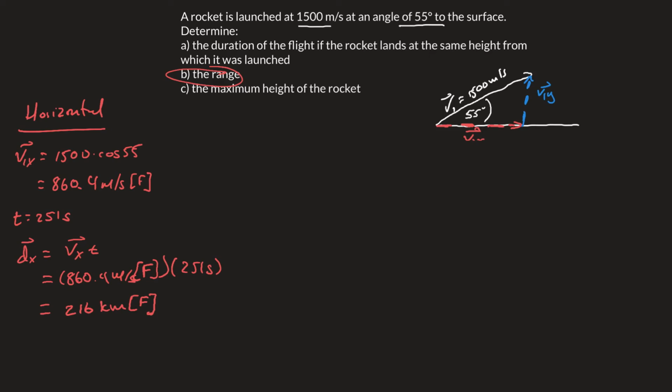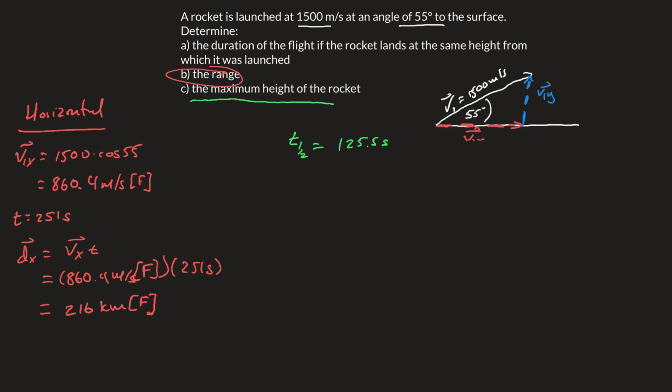Lastly, part C asks the maximum height of the rocket. So the maximum height of the rocket occurs when the time is exactly in half. So if the total time here is 251 seconds, half of the time is 125.5 seconds.